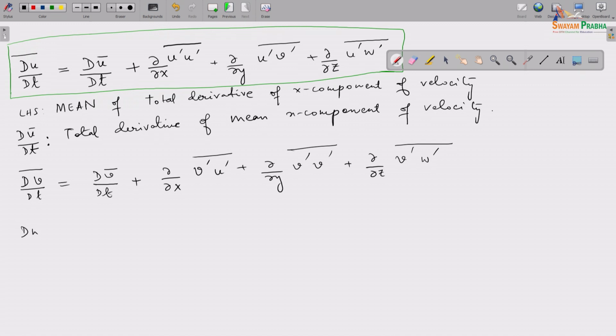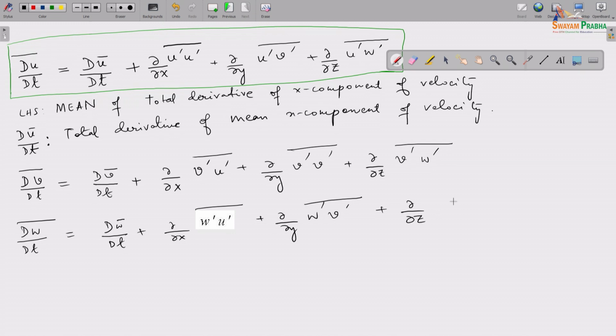Okay. Similarly, for the z component, time average and time average, right. So, if you see that, these are the three equations, right.